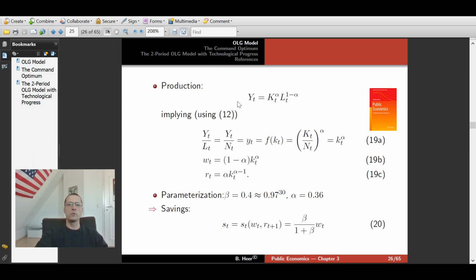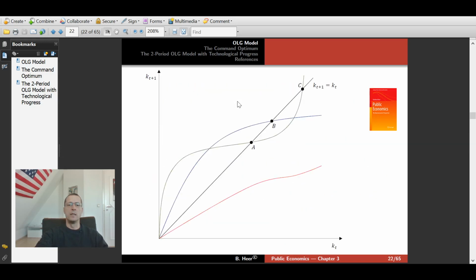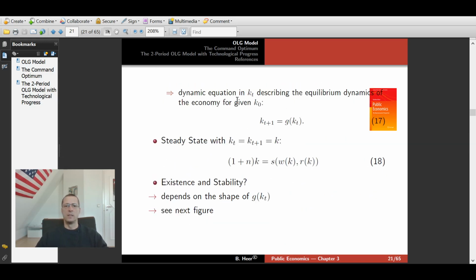And these two issues are considered under the heading existence and stability. So does there exist a steady state K, so that K_t is constant and equal to the value which solves equation 17 for constant value of K? And is it stable?